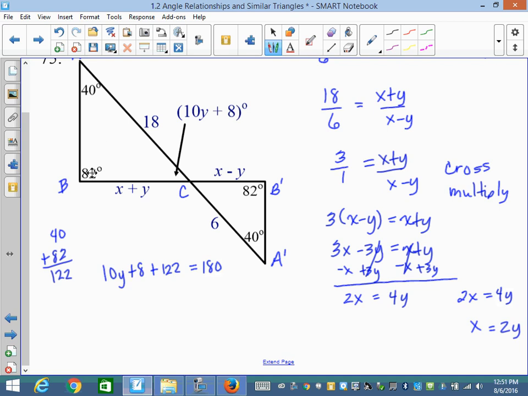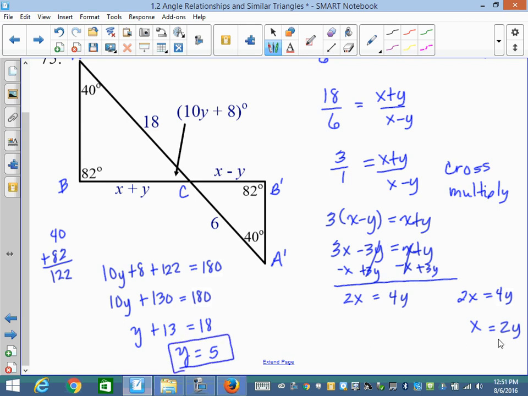That angle plus this angle. So I have 10y plus 130 must equal 180. Look at that, 0 at the ends again. So this is just 1y plus 13 must equal 18. So y equals 5. We know what y is.